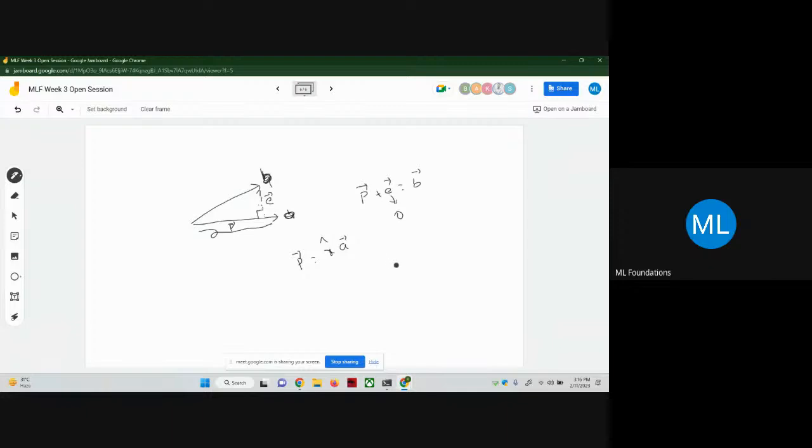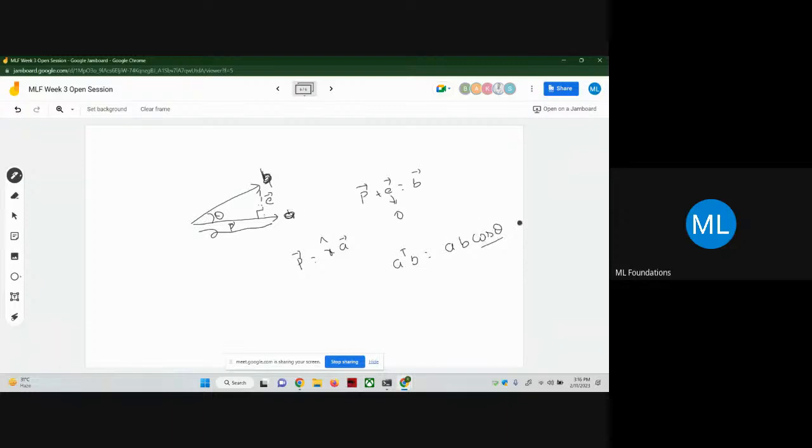If you have followed the previous week's lecture, I told you that the dot product of two vectors a transpose b is going to be equal to mod a mod b cos theta, where theta is the angle between the two vectors.